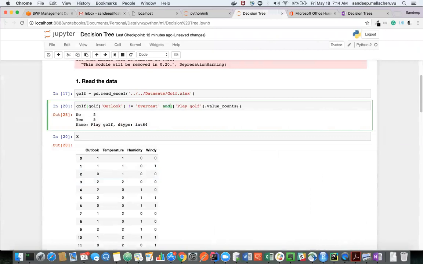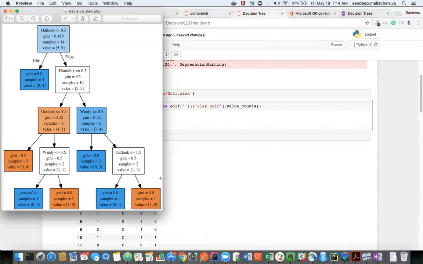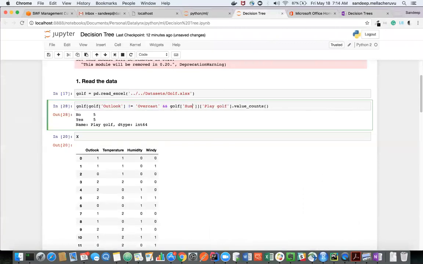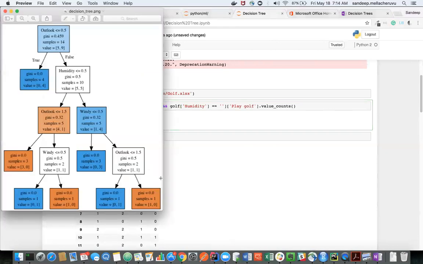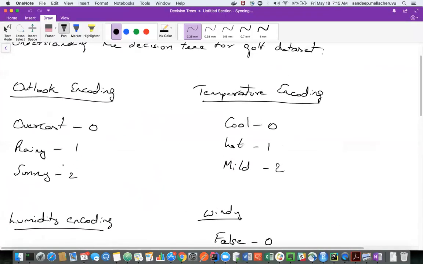Golf of, let me try to give humidity equal to high.